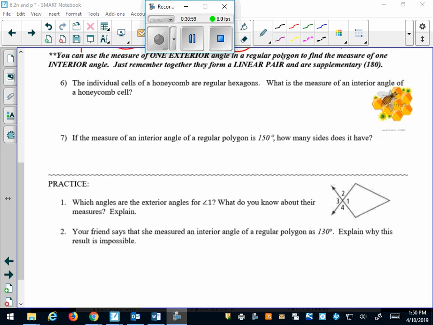The individual cells of a honeycomb are regular hexagons. What is the measure of one interior angle of a honeycomb cell? Now, I know this is hexagons, and we could look back a couple pages, but let's show the calculation for this. So, we're going to do 360 divided by 6, because 6 is the number of sides in a hexagon.